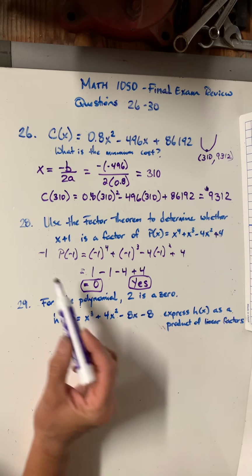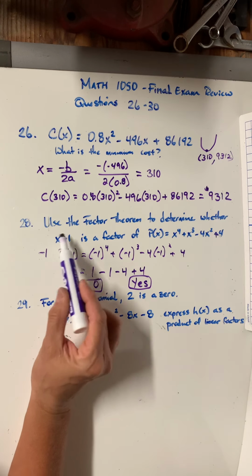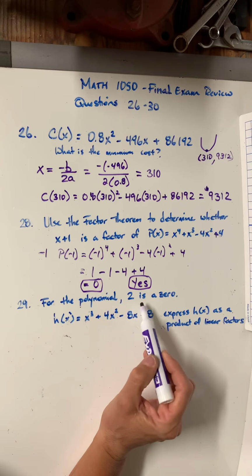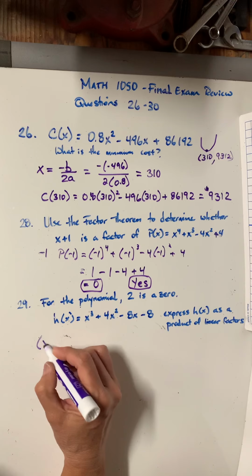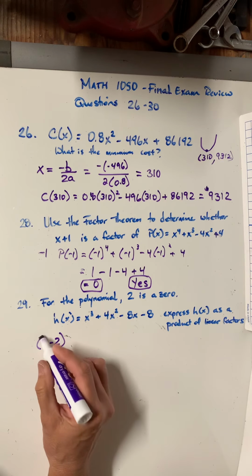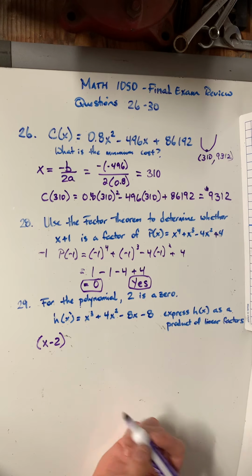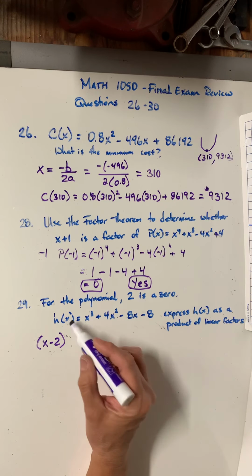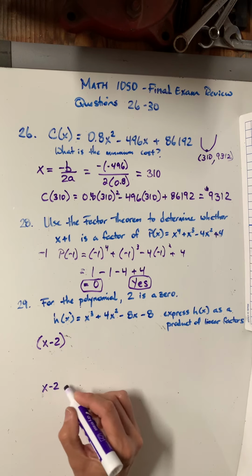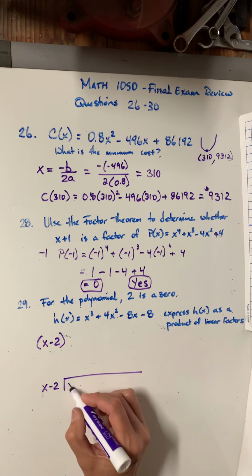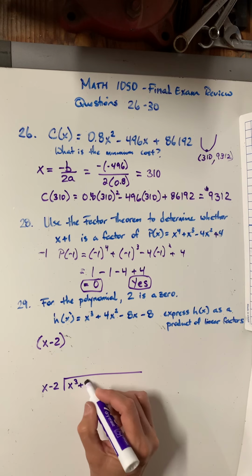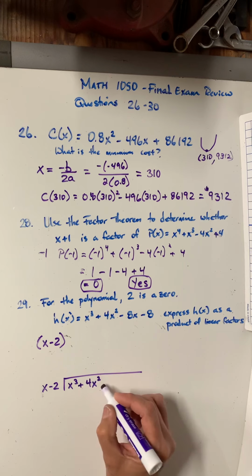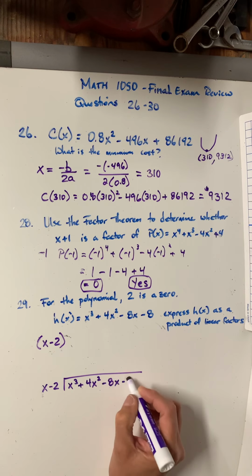Remember the 0, like this -1 was a 0 here, the factor was x plus 1. So if 2 is a 0, then one of my factors is going to be x minus 2. So I already have that one. And in order to get the rest of them, I need to divide out the x minus 2 from the original function and see what I have left.